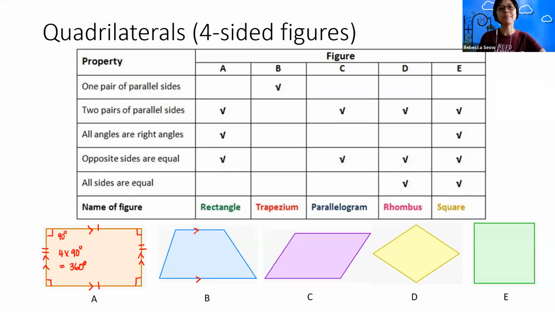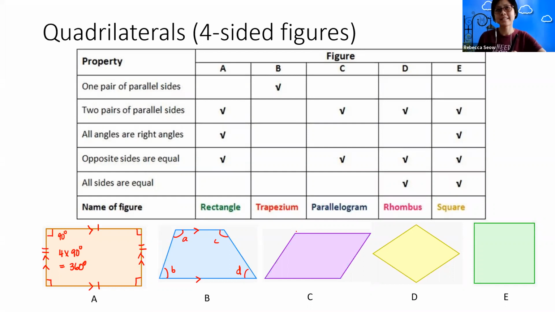And because there is one pair of parallel sides, we observe that these two angles here are interior angles. So angle A added to angle B gives you 180 degrees. Angle C added to angle D will also give you 180 degrees.